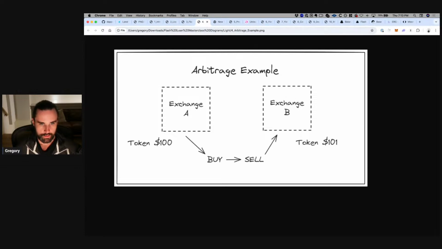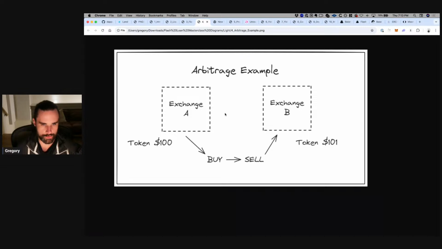You can do other things like leverage yield farming. That's what we're going to cover tonight when we look at this passive income application. You can do liquidations, which is when people are borrowing money on other DeFi applications and their loan becomes delinquent. You can help recover those funds for a fee, and you can use the flash loan so you don't have to pay your own money to do that.